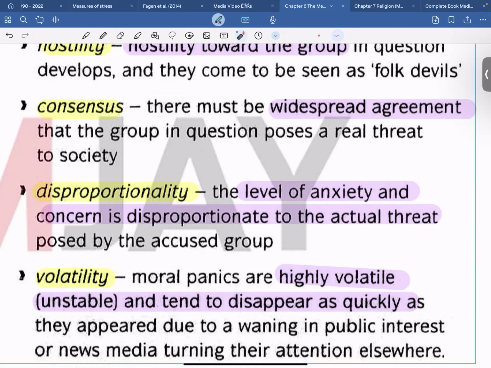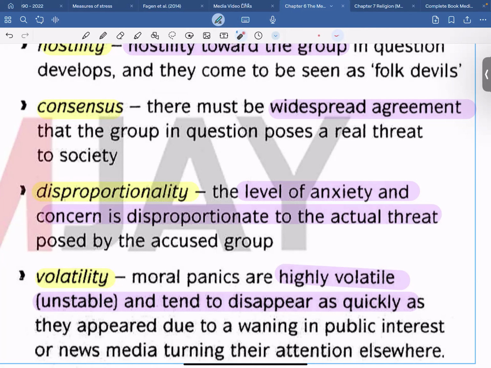The level of anxiety and concern is disproportionate to the actual threat posed by the accused group. We're not saying that the accused group is not hostile, or that it is super naive and innocent. But the extent to which the media talks about that particular group, incident or individual makes it sound like everyone listening to that news is under threat.